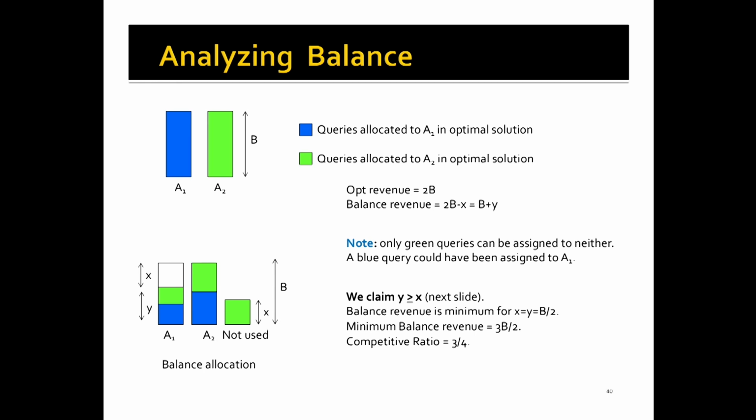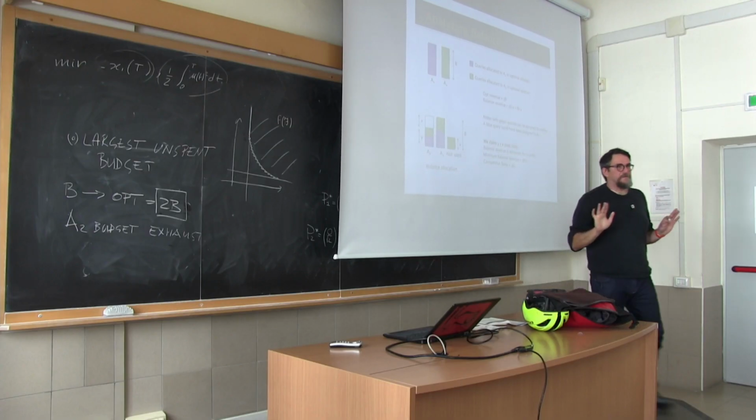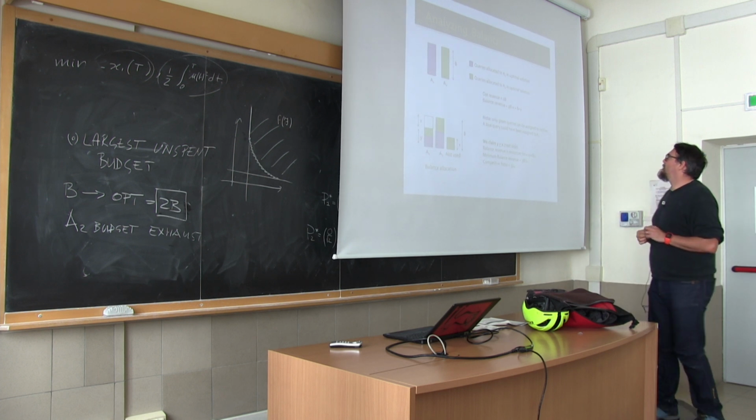If we consider the optimum, the blue queries are the ones that have been allocated to A1 in the optimal solution, and the green queries are the ones that have been allocated to A2 in the optimal solution. As observed, the optimum revenue is now 2B. I have allocated all the possible queries.